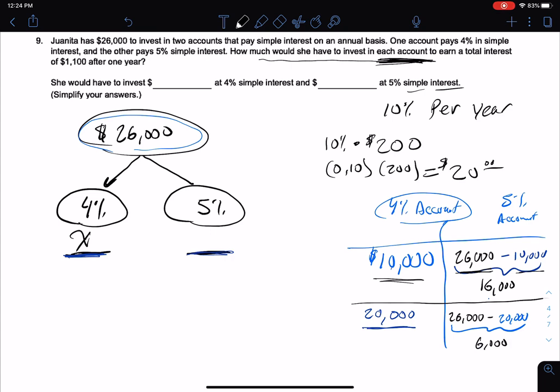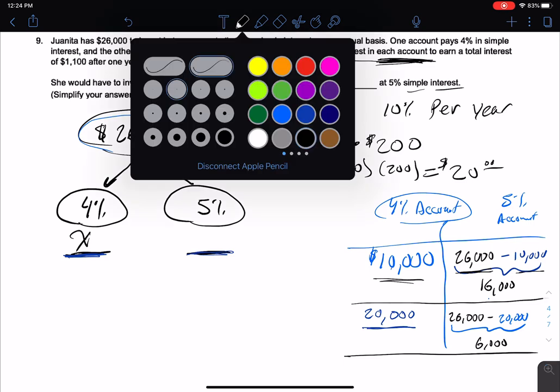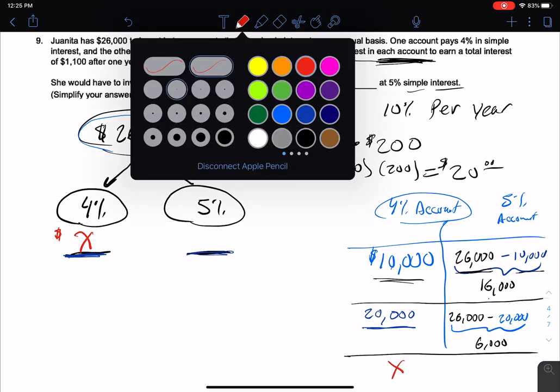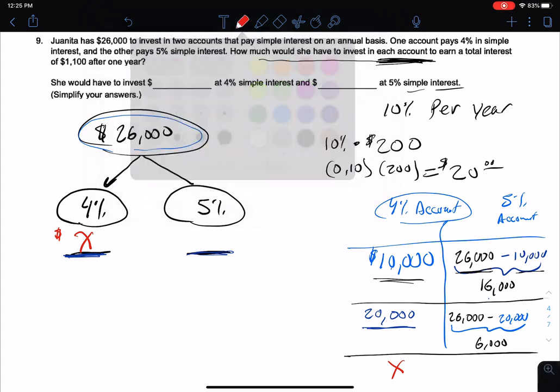Okay, so it is important to see that connection, because when we go to a variable, and I'll go ahead and use red for this, if I said there's X dollars in the 4% account, well then what's the relationship between how much is in the 4% and the 5%? Well, if X is in the 4%, then what goes in the 5%?